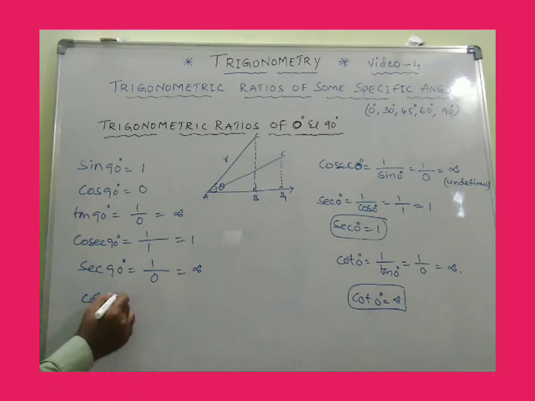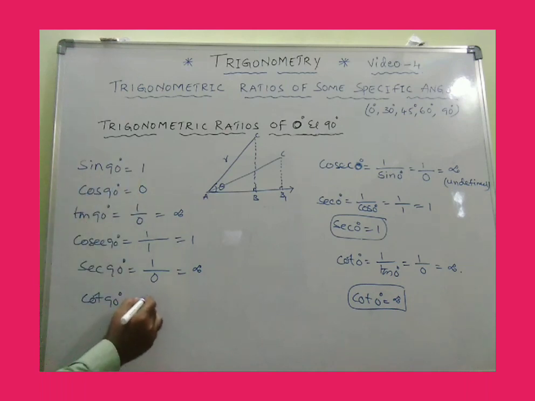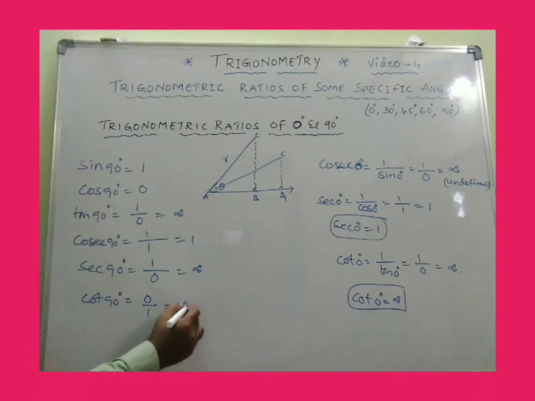And cot 90 is nothing but cos 90 by sine 90, 0 by 1, which is equal to 0. So this is about the specific angles of all the trigonometric ratios. My dear, you need to remember all these values, which are very, very helpful while solving a problem.